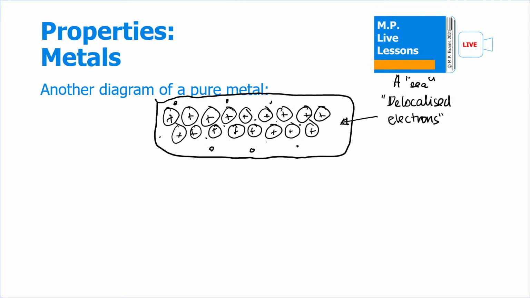Now, this can explain 2 properties. So metals will tend to have a high melting point, and it will conduct electricity very well.